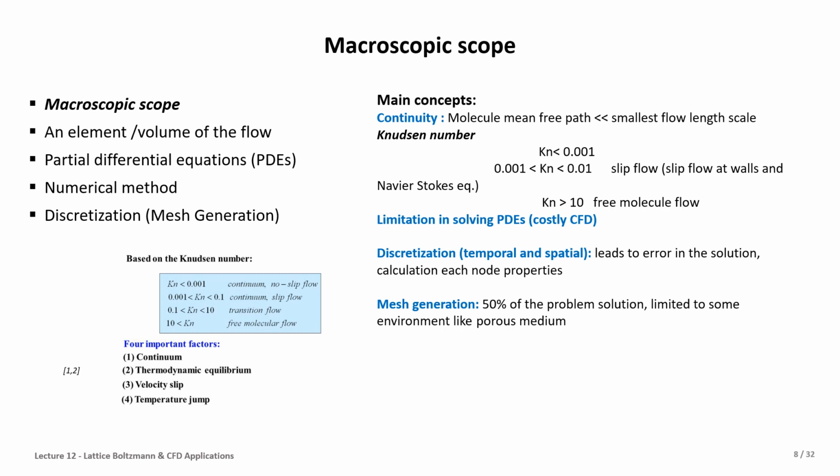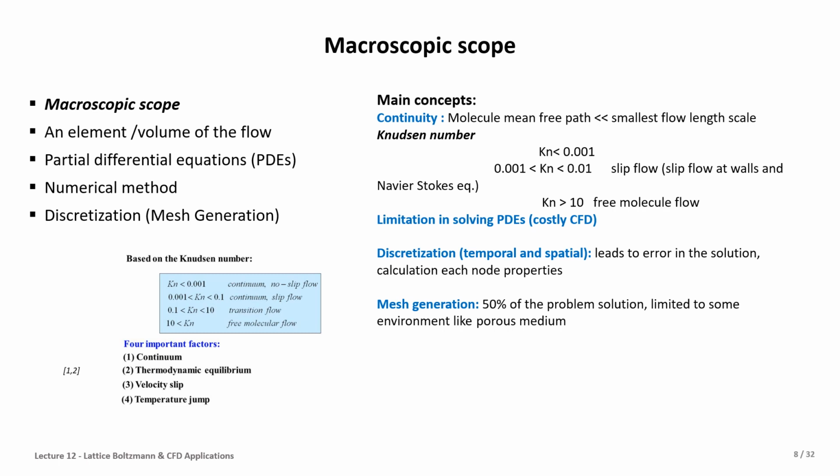Discretization also leads to error in the solution because we are calculating each node's properties and collecting the information. Imagine a very, very small error at each node; gathering all of these nodes leads to a larger error in the solution. This is another issue we have.